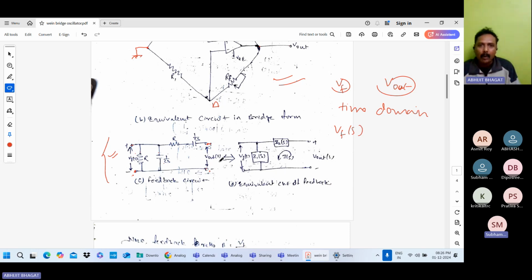T is called the time domain and S is called the frequency domain. So this circuit is the same, but all components are converted into the frequency domain.